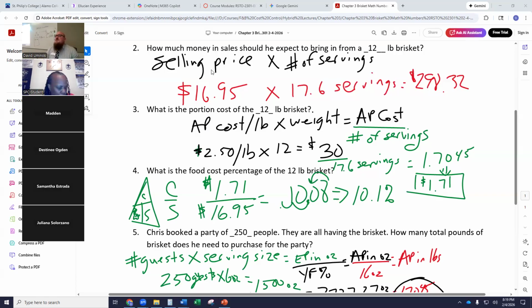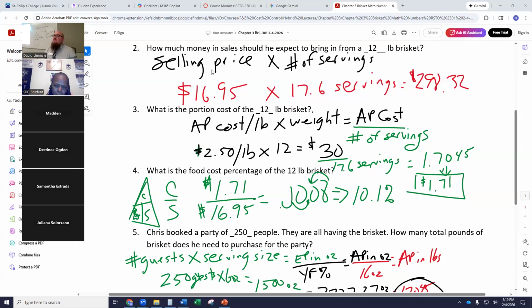So trying to figure out how much money we're bringing in, of course, we're just going to take our selling price times the number of servings. Simple as that. Number 3, the portion cost. There's some really long, drawn out formulas, and I'm giving you the simple one. Okay. The AP cost.